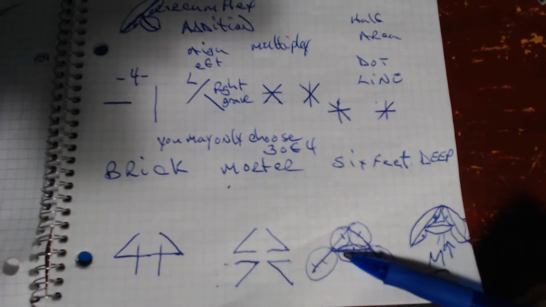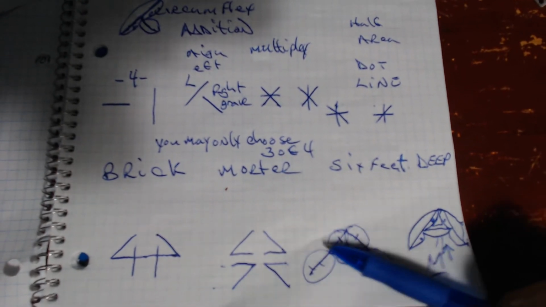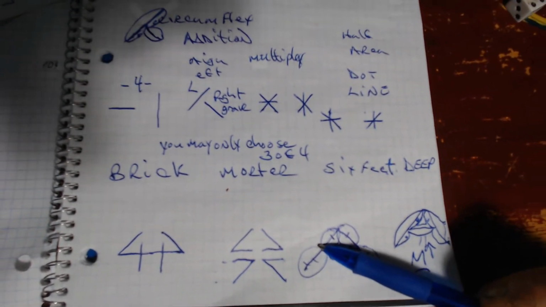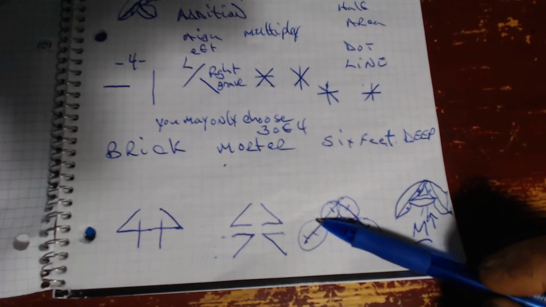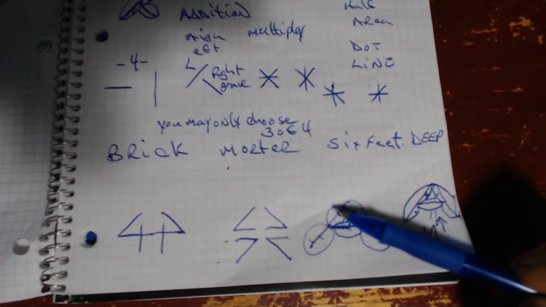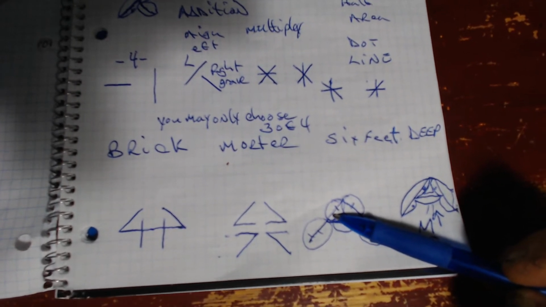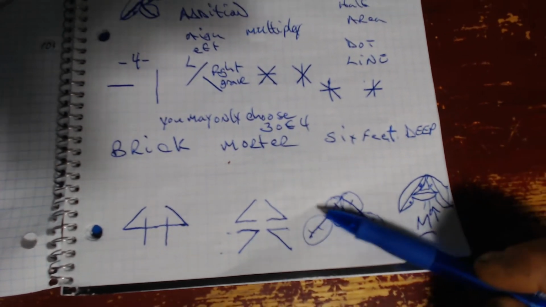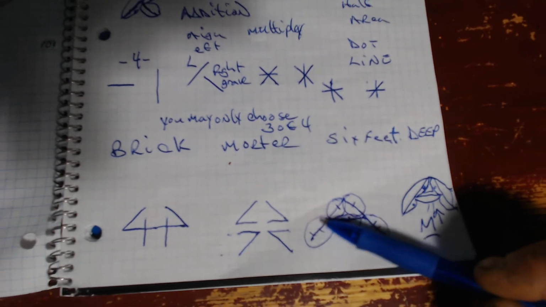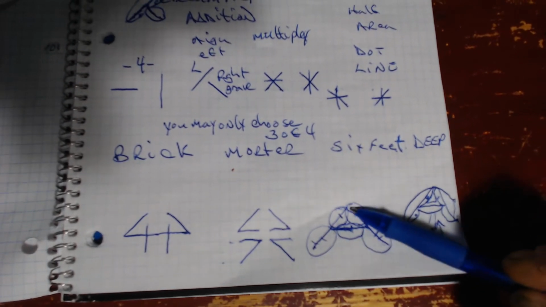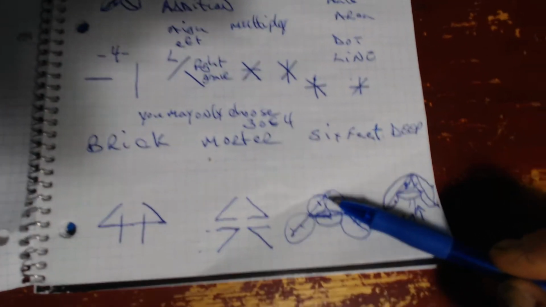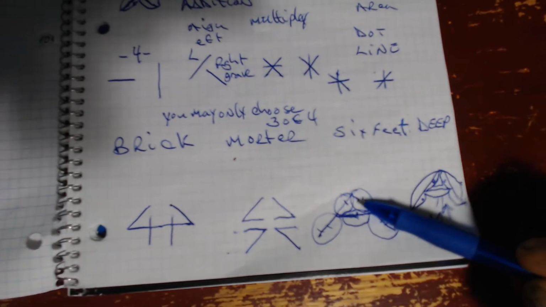Imagine if this was facing you, this would be the right on your left. You follow what I'm saying? If the letter is looking at you, when you're looking at this side over here, it's your left arm. But if the letter was looking at you, it would be its right arm. So we have to think a little bit different.